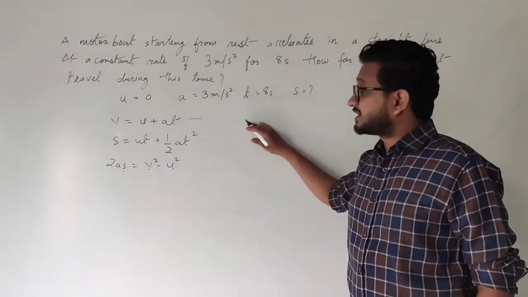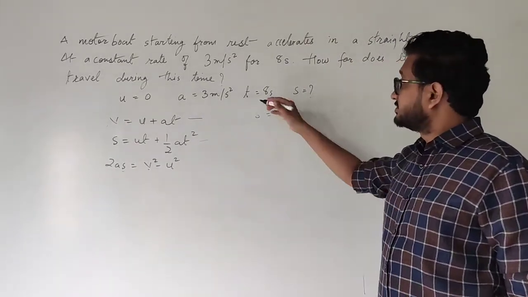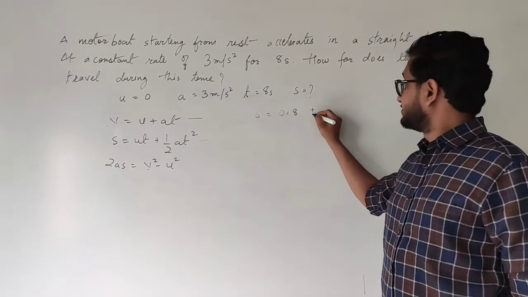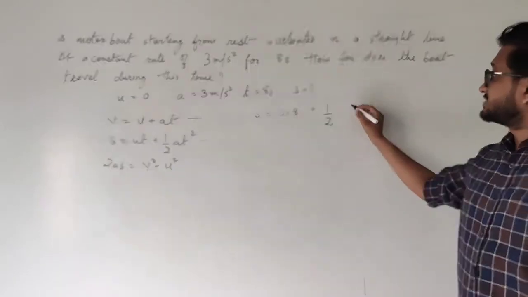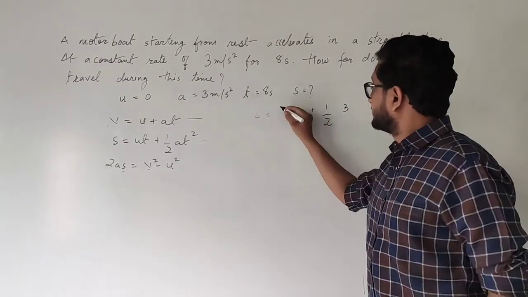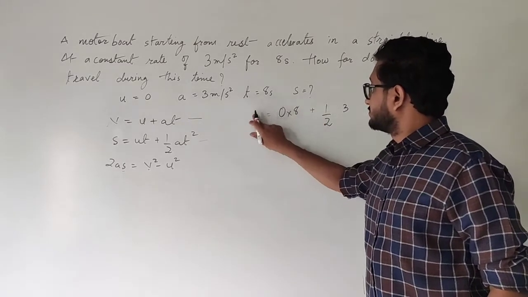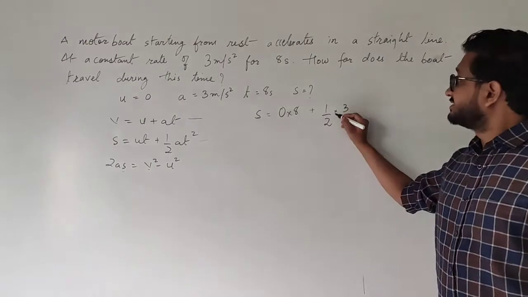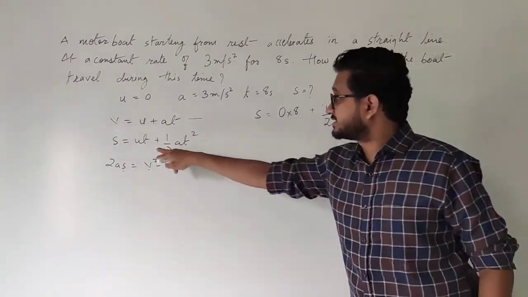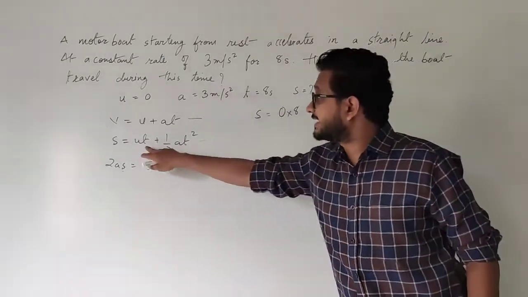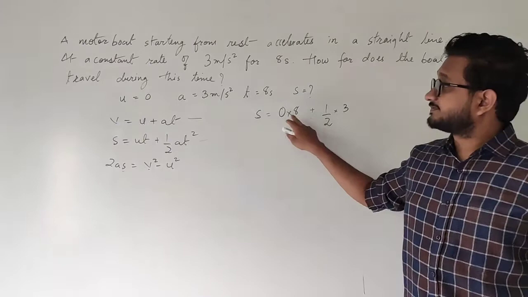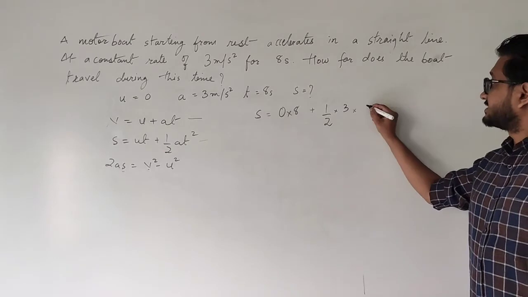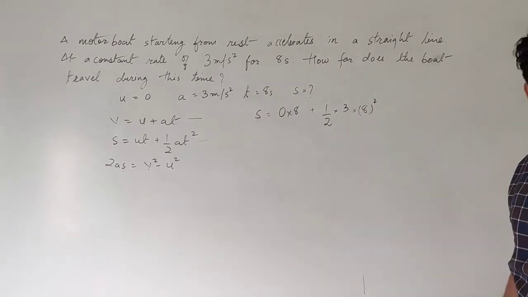So we write all the values here. s is equal to u, that is 0, into time t, that is 8 seconds, plus half, acceleration a is 3, into t square, that means 8 square.